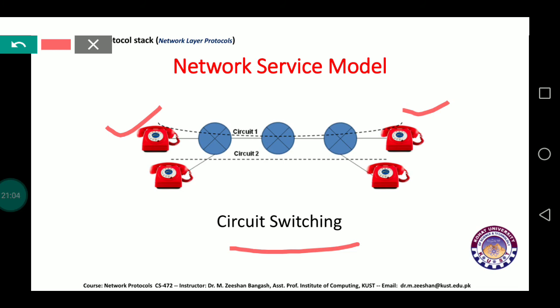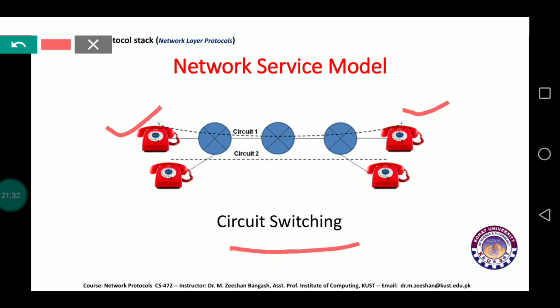However, in the internet, when we are using an application like a Zoom software or a TeamViewer, we can't tolerate delay, but we need a sort of permanent communication and bandwidth.